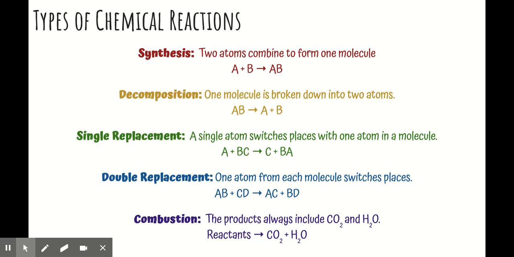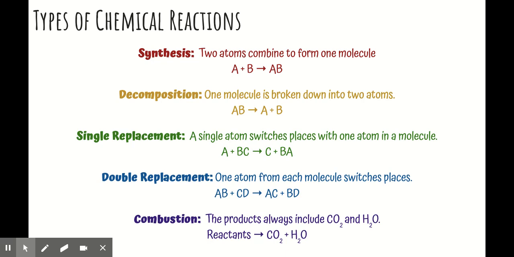So you'll have whatever your reactants are, and they will yield carbon dioxide and water. It won't only be carbon dioxide and water. There will be other parts of the formula from the reactants that will show up in the products, but part of the products will include carbon dioxide and water. So if you see those as part of your problem, then you're going to end up with combustion.